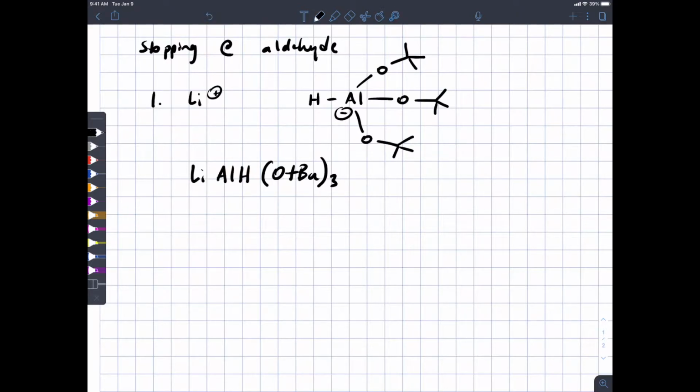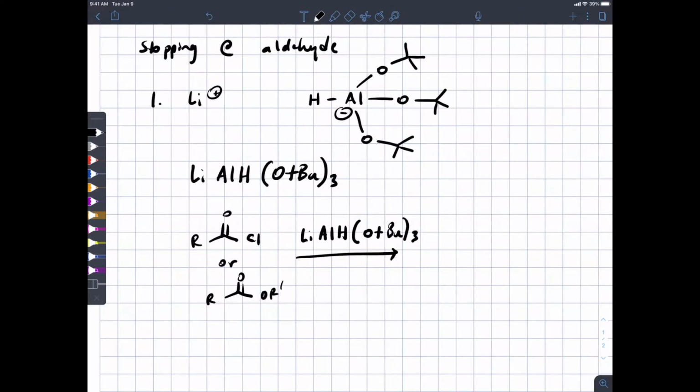And so it's observed that you can take either an acid chloride or an ester, and if you use this reagent with the name that is difficult to say, you can stop at the aldehyde. Usually after all of these reactions, there's an aqueous workup stage, so I'm going to write that explicitly there.